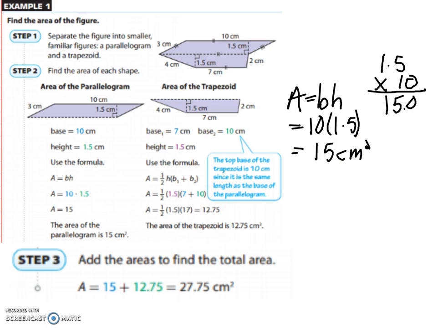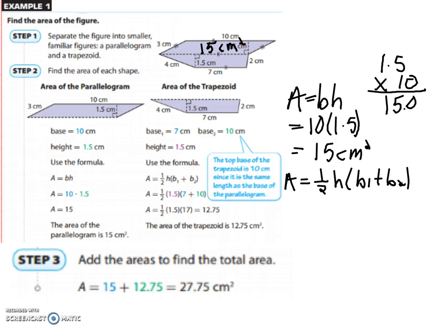So you take the area of the parallelogram, which was 15 centimeters squared, and we're going to add it to this trapezoid. And the trapezoid is area equals 1/2 times the height times base 1 plus base 2. Remember, the bases are the two parallel sides.